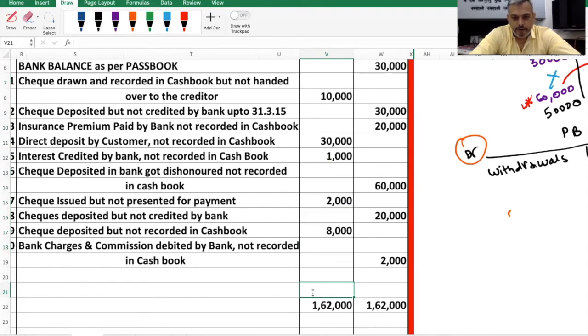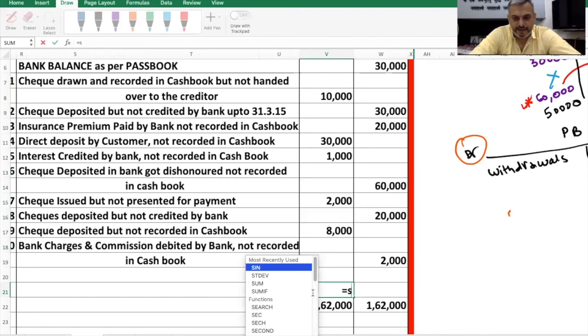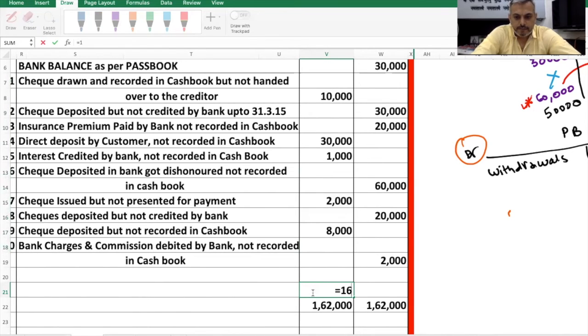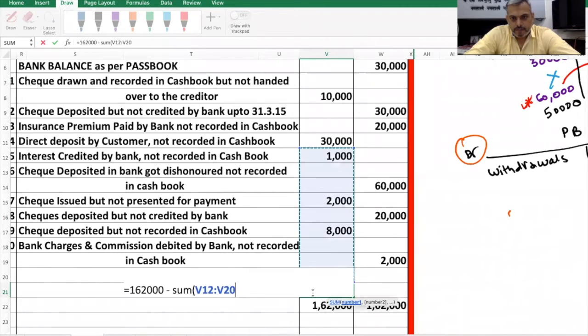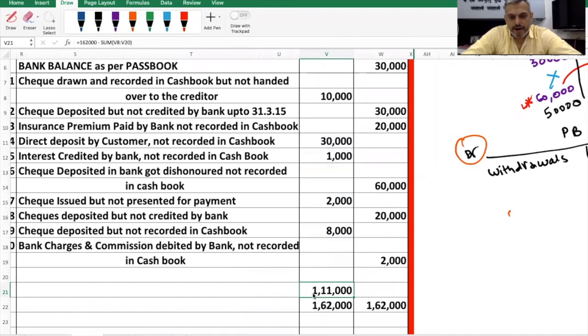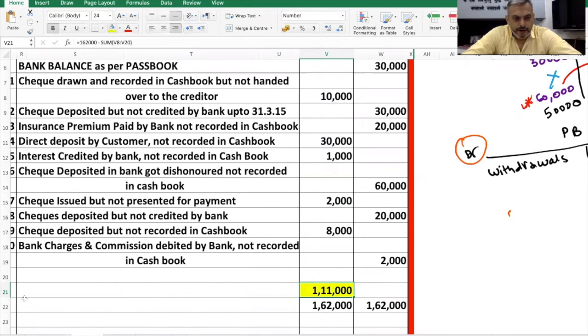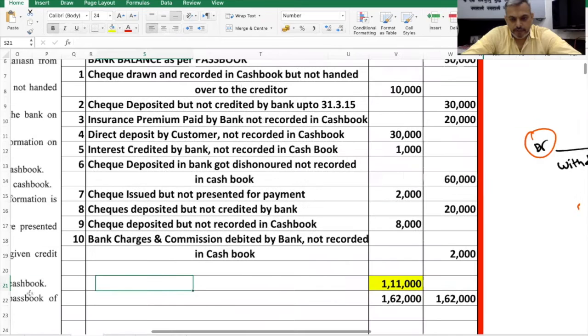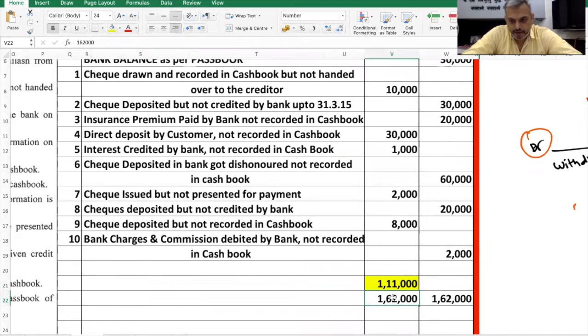I'll use a formula over here because I am using Excel. So it comes to 1,11,000. So I'll write it over here. Now pay attention. I'll wait a while. First do this, double underline it.